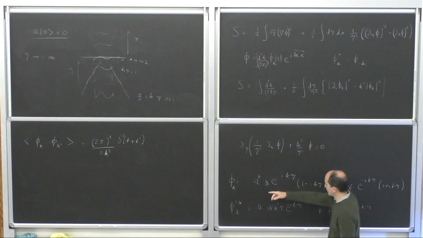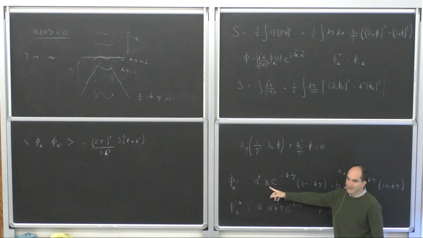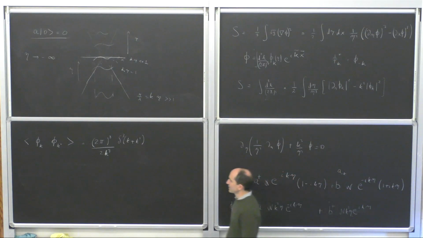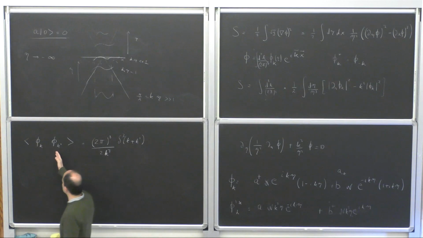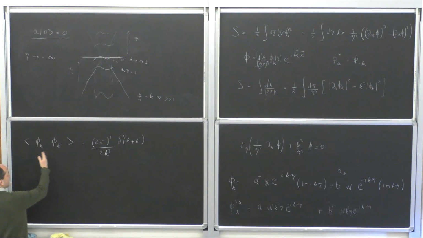So the answer is proportional to the normalization constant squared. And then we pick the piece with an A here, an A dagger here and an A here, that gives a 1 or a delta function. And that's where this answer comes from. Is that clear? Yes? Okay.